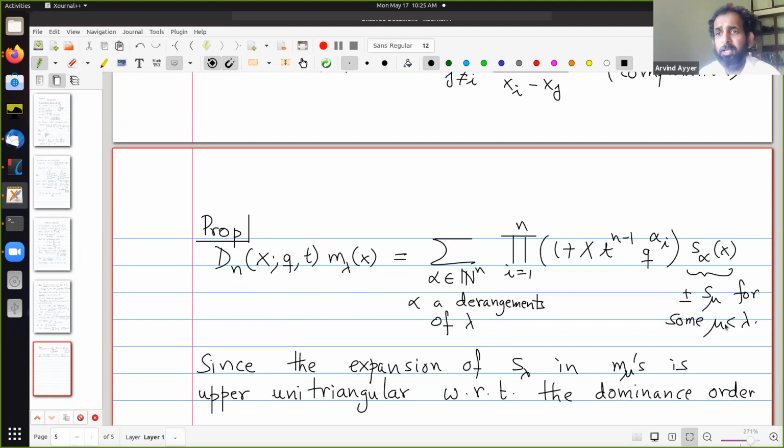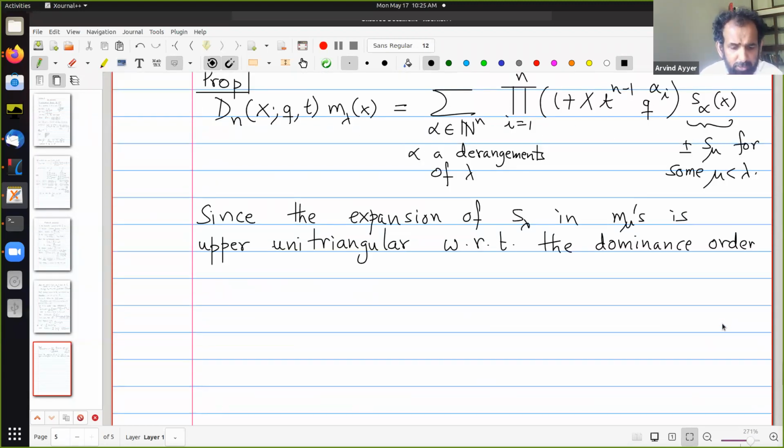So when you expand in terms of m's, you will continue to have that property. And so we have the following expansion.